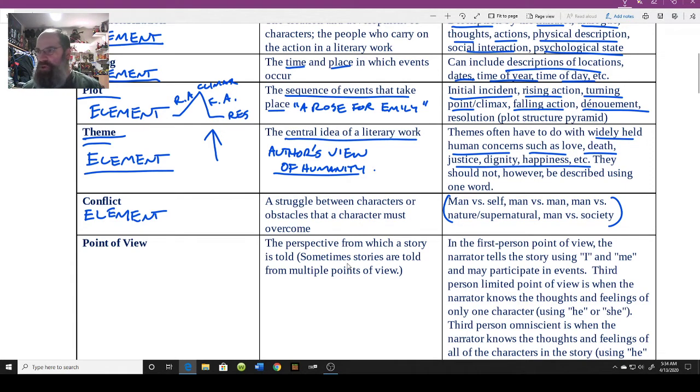Now, point of view. In every story, there's a point of view. Therefore, it is an element. And what are your points of view? Sometimes stories are told from multiple points of view. Margaret Atwood employs this technique quite a lot, for example, in the novel Year of the Flood. I can't recommend it enough. It's very timely.